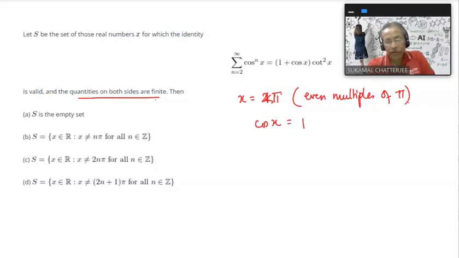Therefore the left hand side will be the sum of 1 to the power n, where n goes from 2 to infinity. So this is a diverging series.